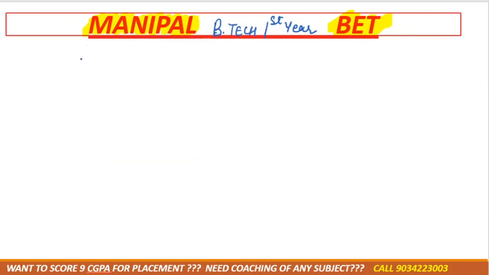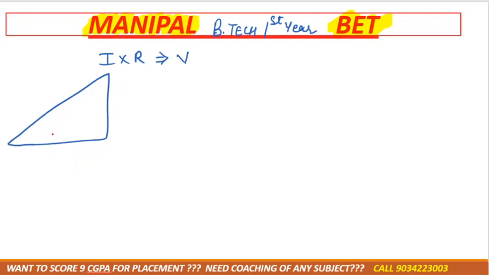Okay. Now see, if I multiply current with the resistance, what will it become? Voltage. So if there is already an impedance triangle, with Z, R, XL or XC, I'll multiply each and every term with the current. Then it will form a voltage triangle.